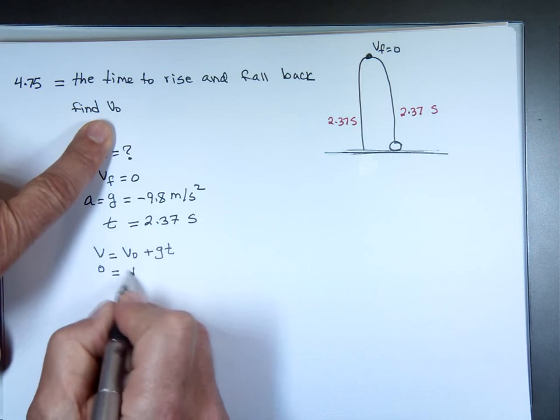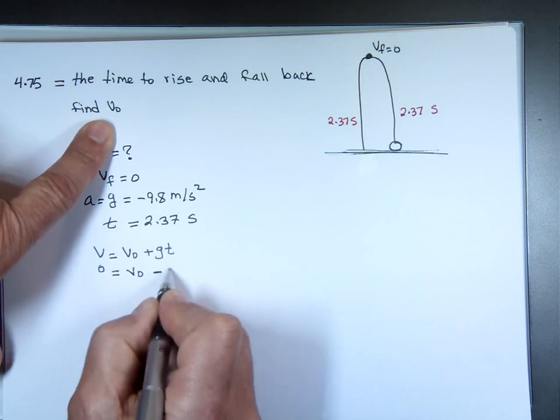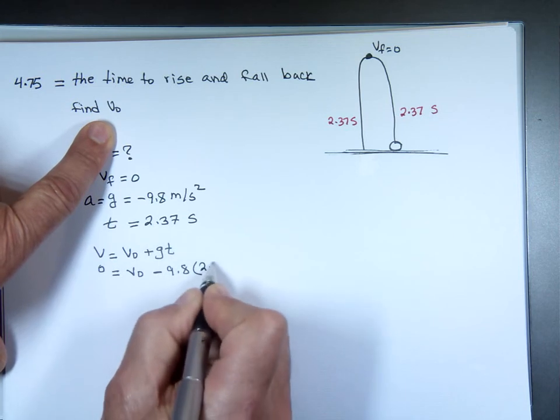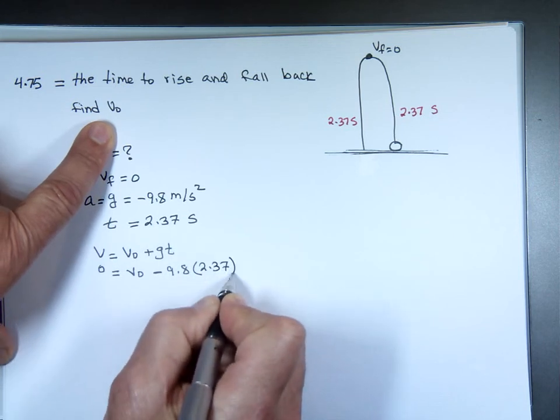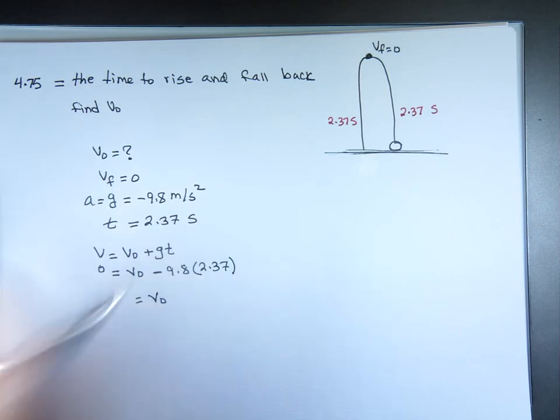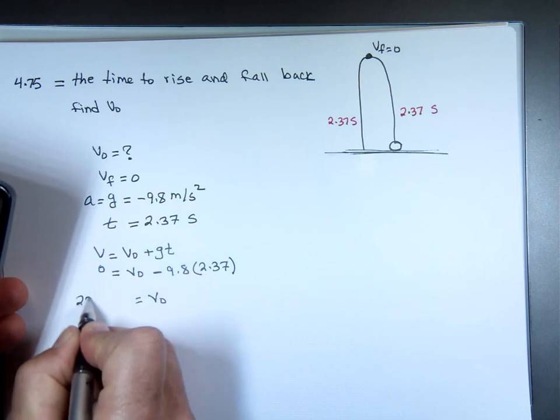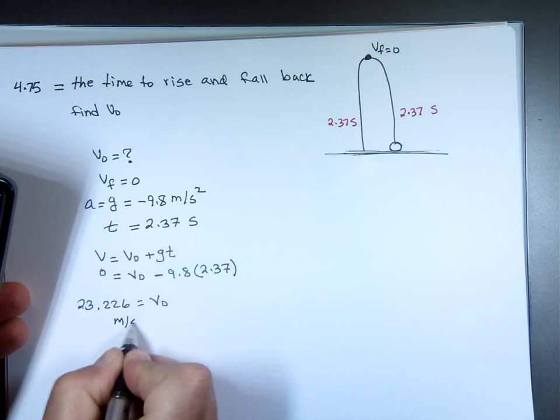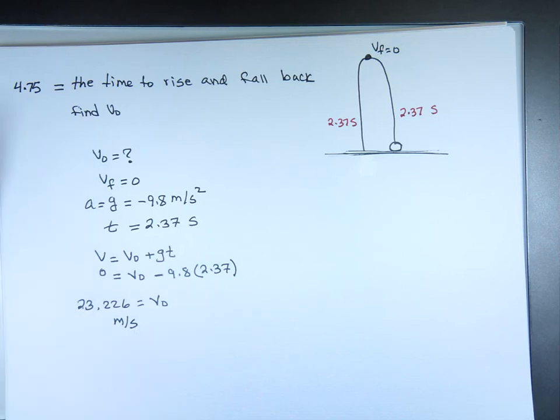Unknown. Minus 9.8 times the time, which is 2.37. V0 is going to be what? 9.8 times 2.37. The initial velocity is 23.226 meters per second. It's 52 miles per hour coming out of the ground.